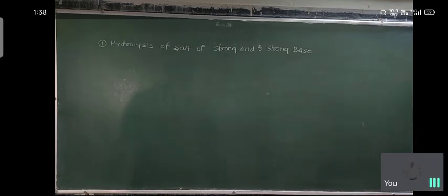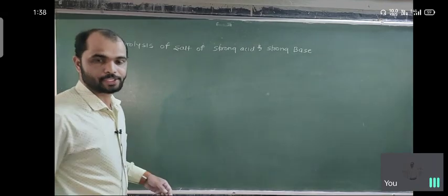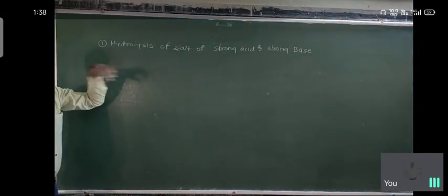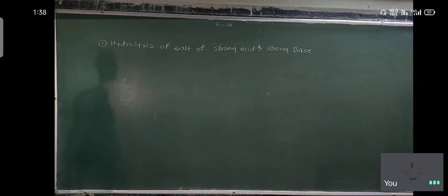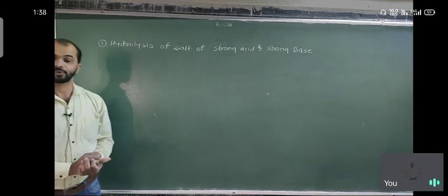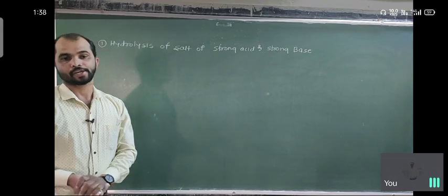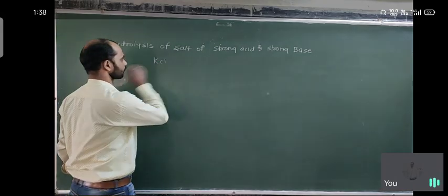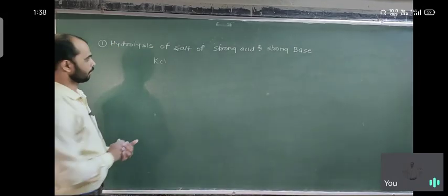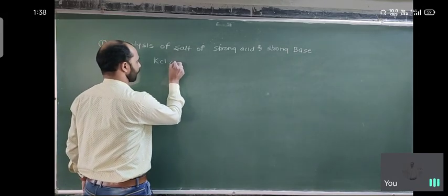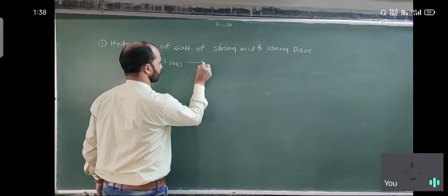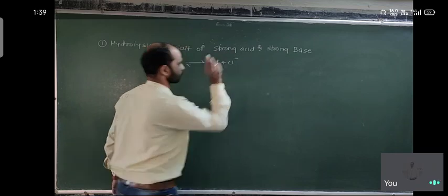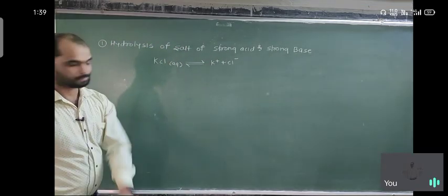Okay, so going to the first combination, the first type of salt is a salt of strong acid and strong base. Means hydrolysis of salt of strong acid and strong base. Simple, we consider here KCl. So basically in aqueous medium, KCl dissociates as K plus and Cl minus.